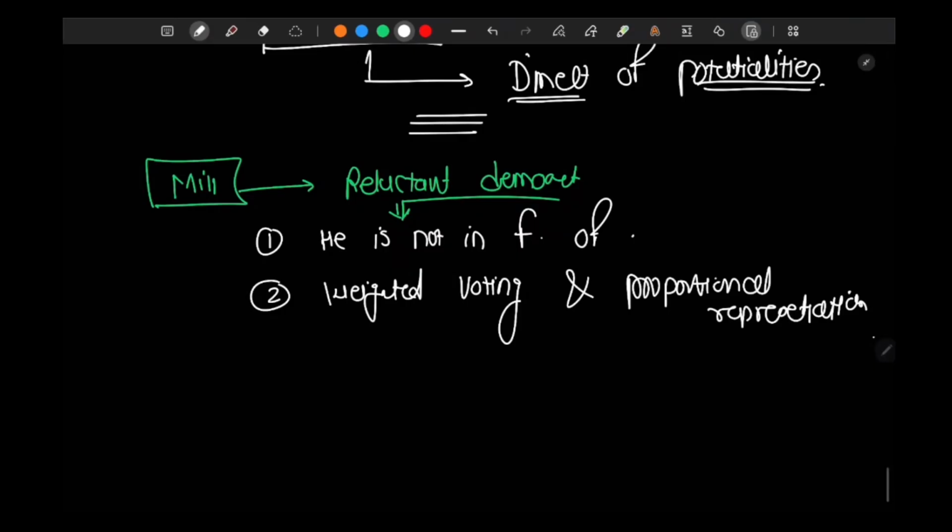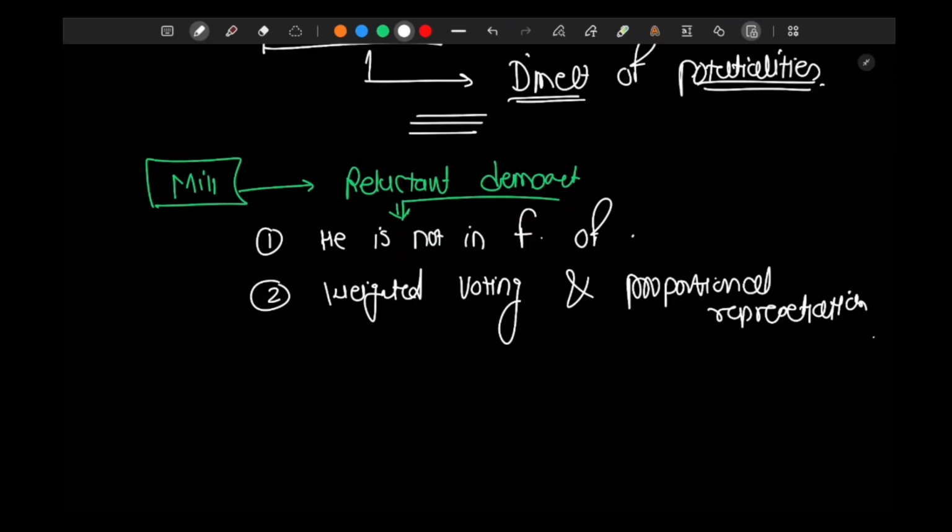Why does he suggest weighted voting and proportional representation? Because he wants democracy to function. He thinks that if illiterate masses are going to infiltrate democracy, it may lead to decline of democracy.